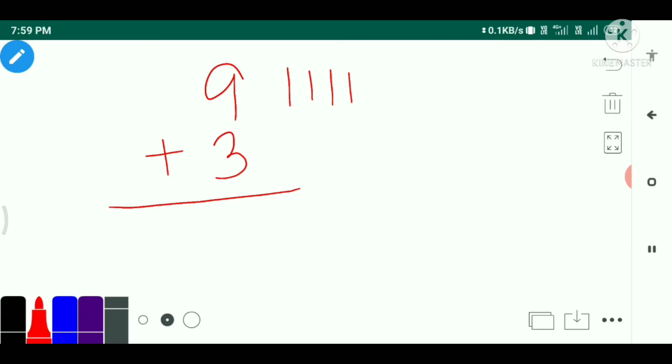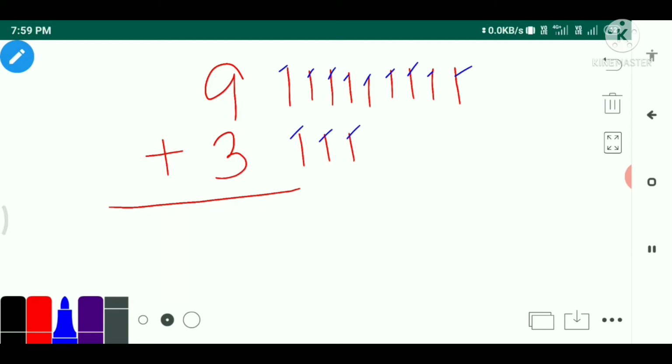So 3 4 5 6 7 8 and 9, right? And now here what is the number? 3. So how many lines we will draw? 1 2 3. So in total how many lines are there? 1 2 3 4 5 6 7 8 9 10 11 12. This one is the first process, or I can say the first method of doing addition.